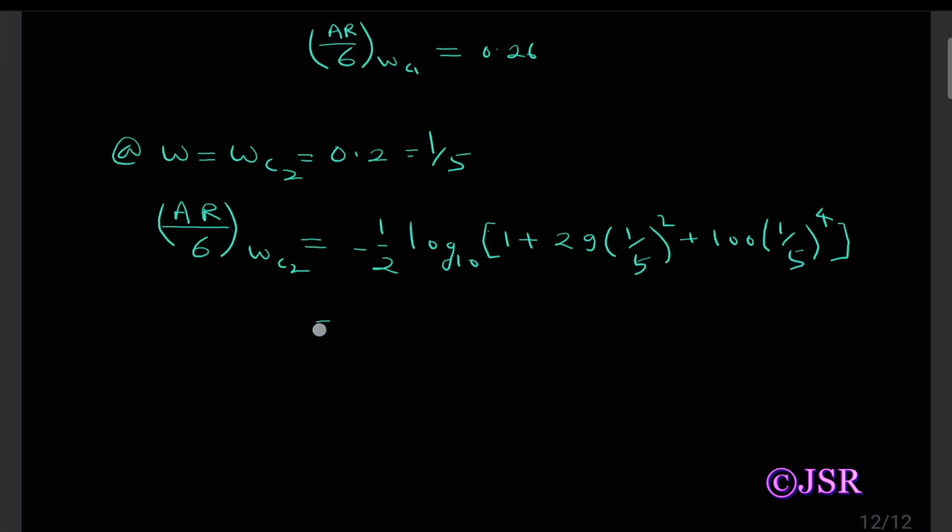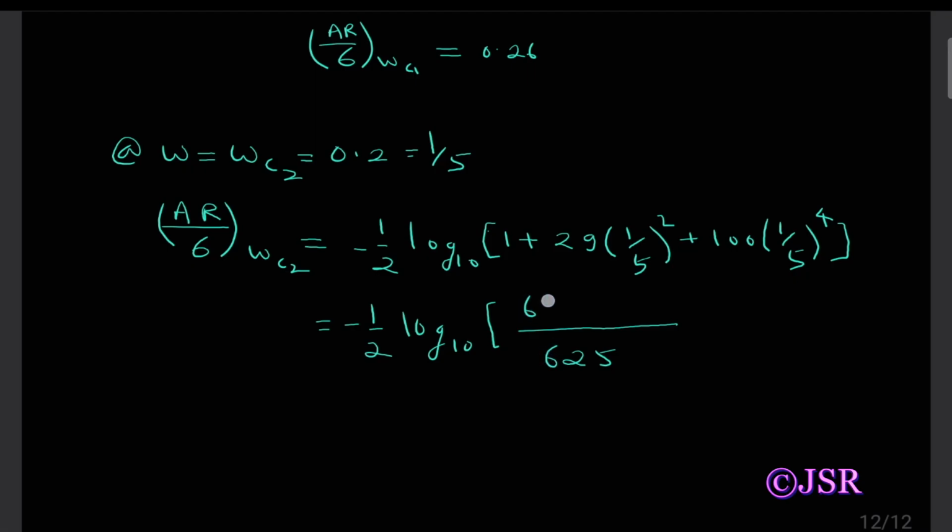So finally we will have minus half log 10, and here we will have 25 square, so 5 to the power 4 will be equal to 625.